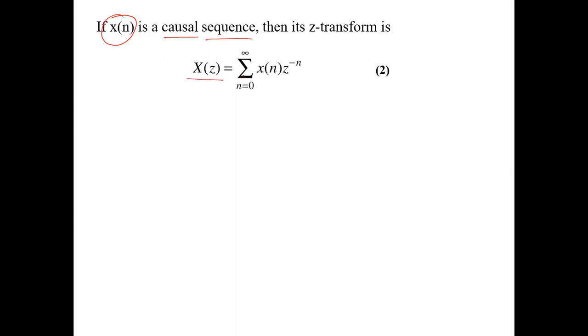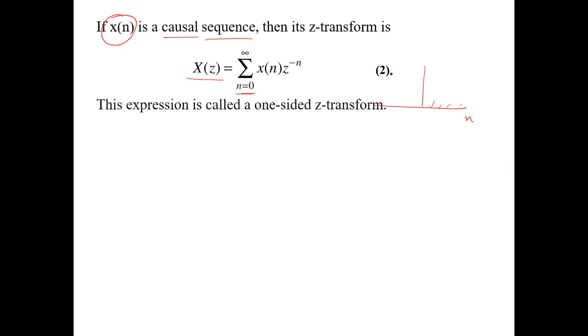So it is X(z) equal to summation from n equal to 0 to infinity. So here all the sequence is on this particular side of the vertical axis, right? So this is a one-sided Z transform of the given causal sequence.